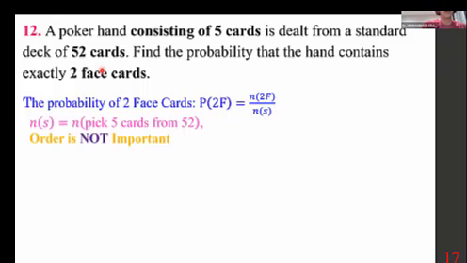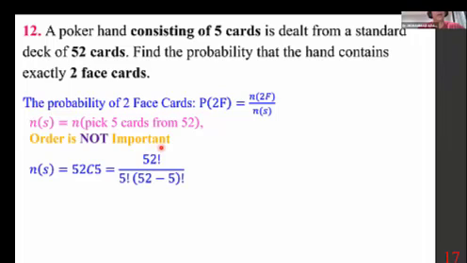Therefore, my sample space is: pick 5 cards from 52, and order is not important, making it a combination of 52, pick 5. This is not important. You can even plug it into a calculator. So it's 52 factorial, n factorial over r factorial, which is 5 factorial, times n minus r, 52 minus 5 factorial.